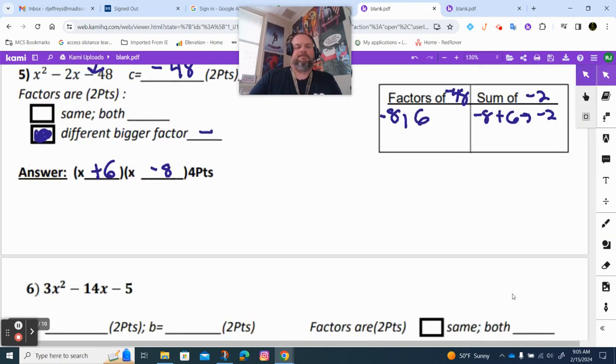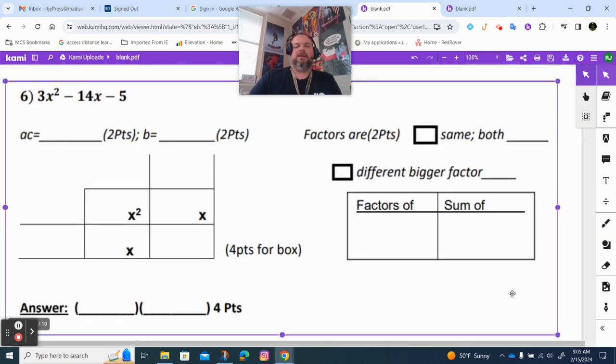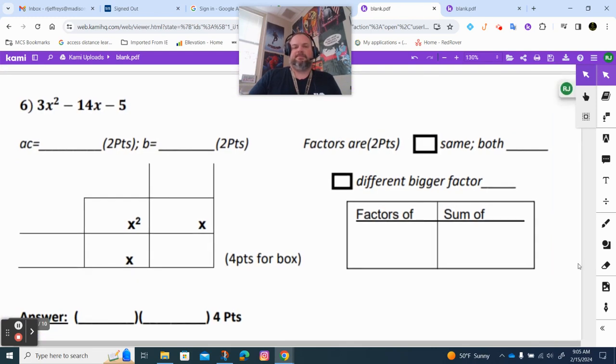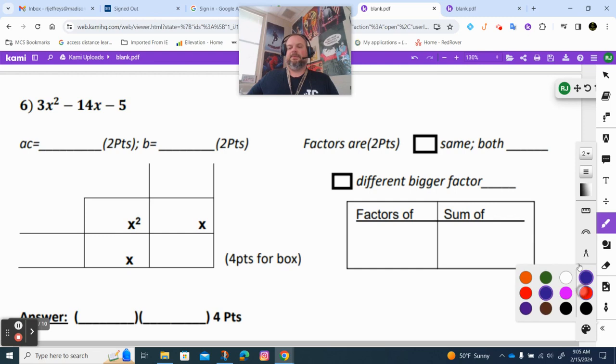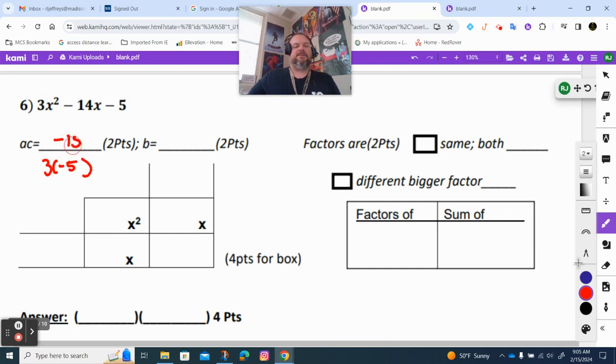All right. Number 6, we have a little bit more stuff happening. This is A times C. So 3 times -5 is -15. Then our B value is -14.